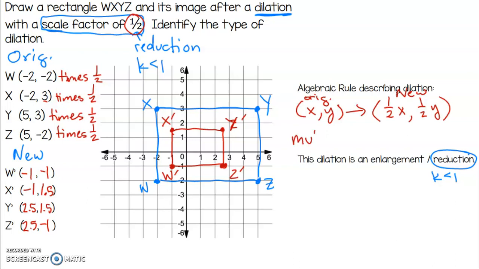So we're multiplying x and y by 1/2. So that's dilations. Dilations increase or decrease our size. It's multiplication by the scale factor.